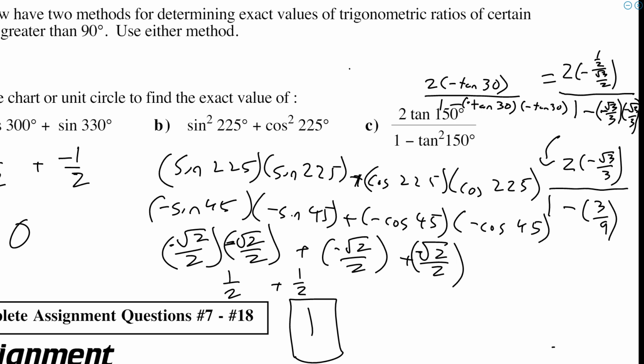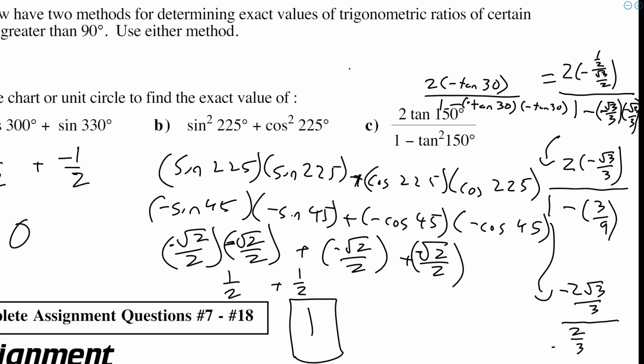So I end up with 1 minus 1/3 on the bottom. So when I finally rewrite this one more time, I end up with negative 2 root 3 over 3. That's my numerator. Over 2/3. That's my denominator, right?